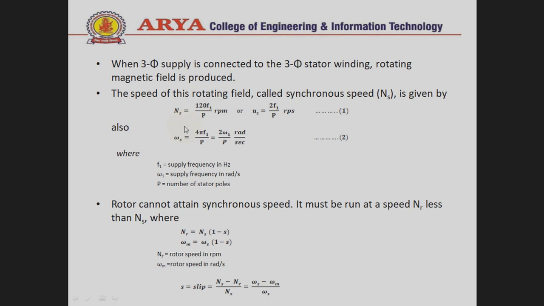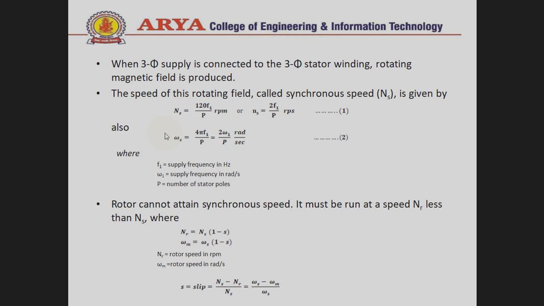and this is calculated by the formula: synchronous speed is equal to 120 F1 upon P, where F1 is the supply frequency. We can also write it in rotations per second, and omega is the angular speed, which is equal to 2 pi F1, where omega is in radians per second and frequency is in hertz.